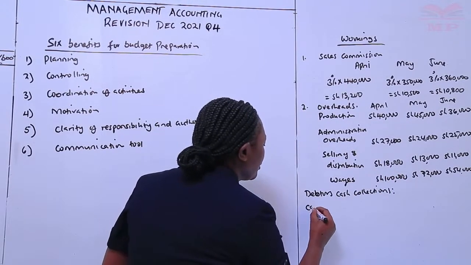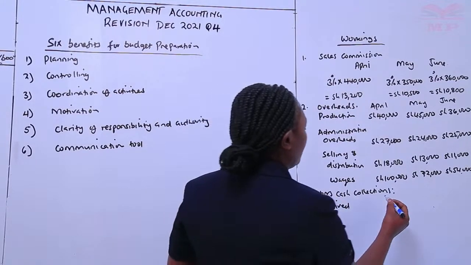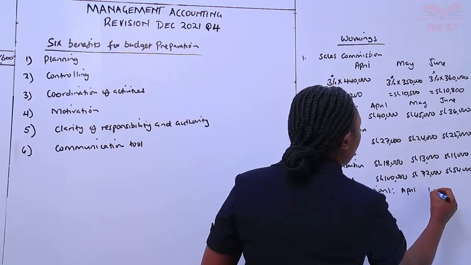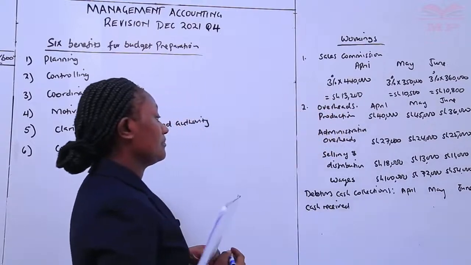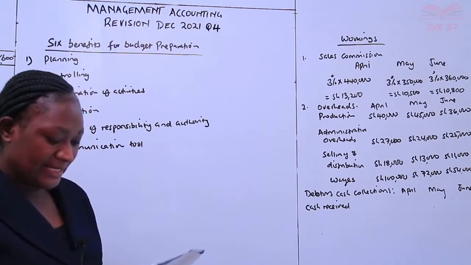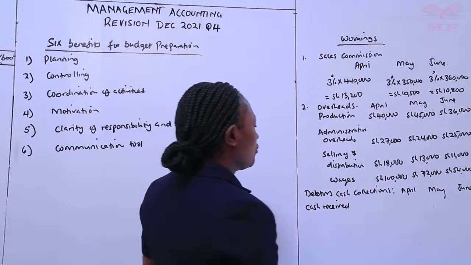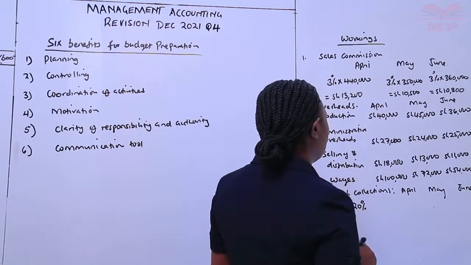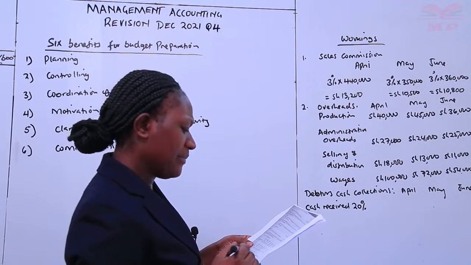So we have cash received. We are still using the months of April, May, and June. So what were the cash collections? We are told that 20% of the debtors pay cash. So we are to get 20% of the debtors in the month of April.